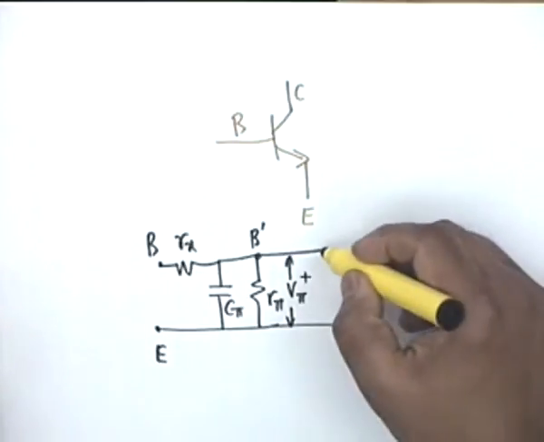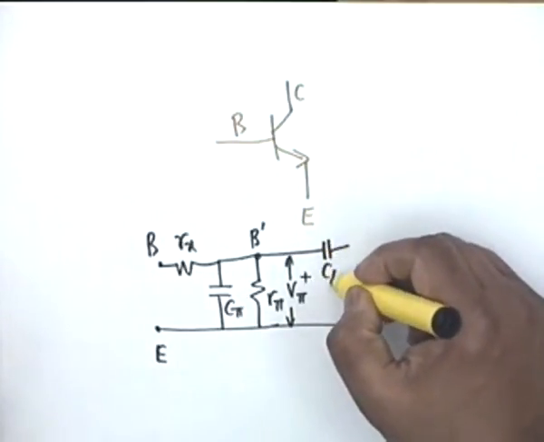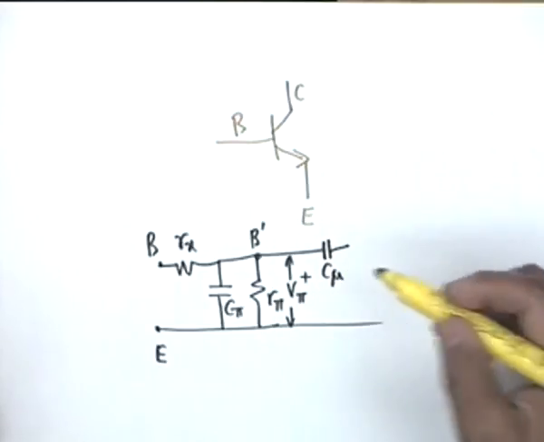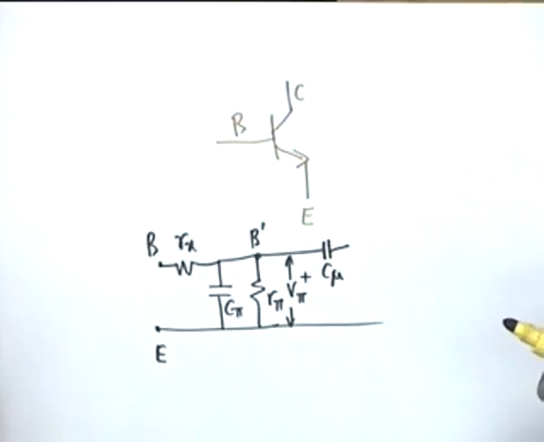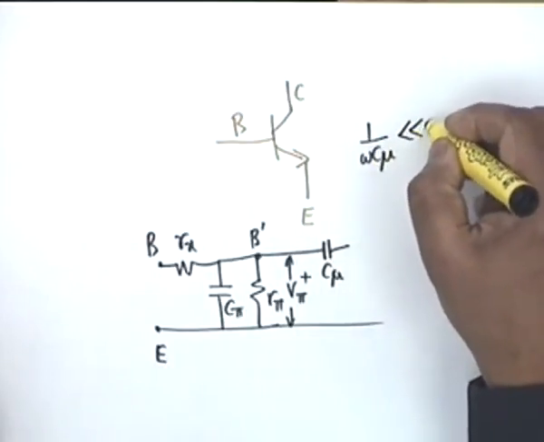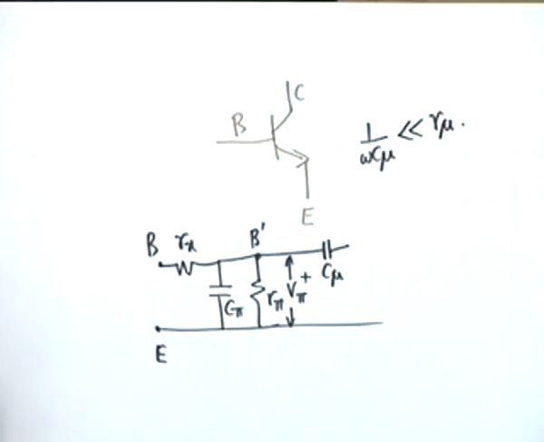Because we are now including C mu and we are considering high frequencies, the reactance of C mu usually shall be much smaller compared to R mu. You remember at mid band C mu was considered open and therefore R mu had come into the picture.